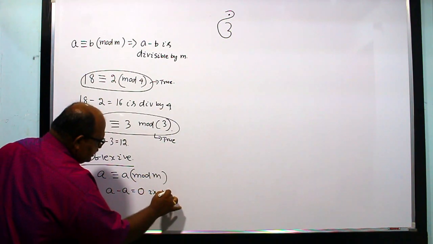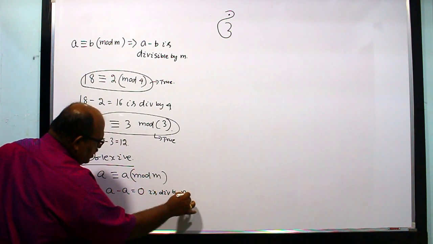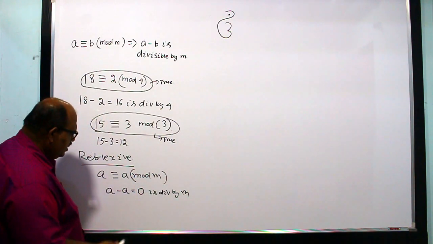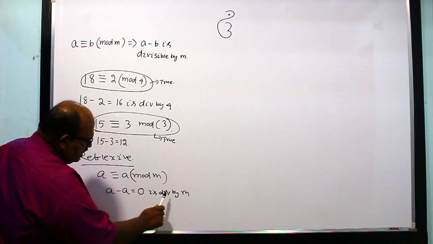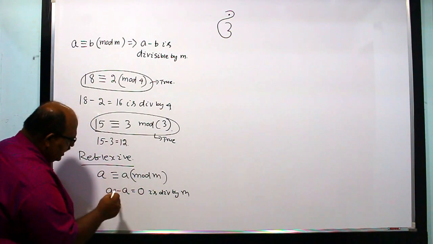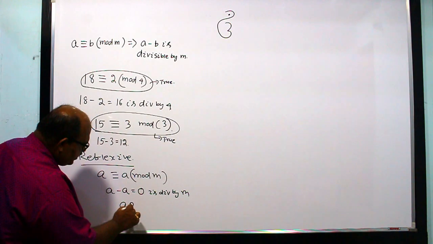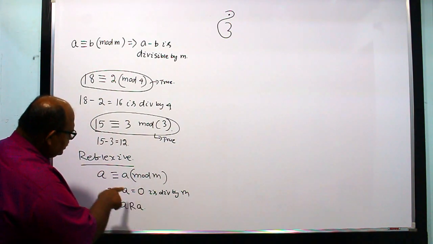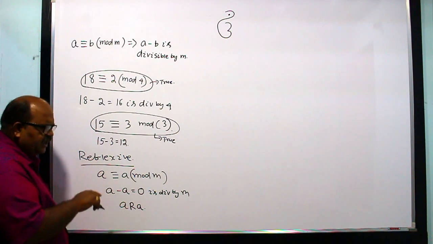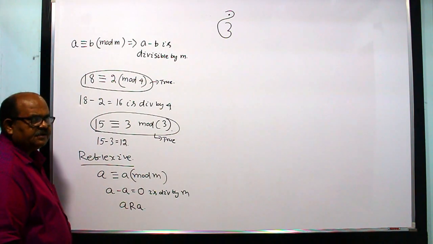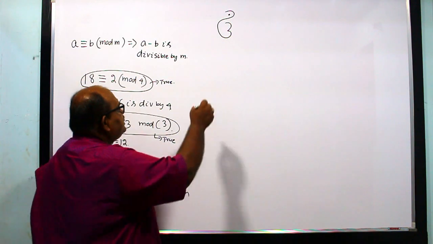Certainly, 0 is divisible by M whatever the value of M may be. So A minus A is 0, which is divisible by M. So A maintains the relation with itself. Yes, A maintains the congruence modulo relation with itself. So this is a reflexive relation. Now test for symmetric.